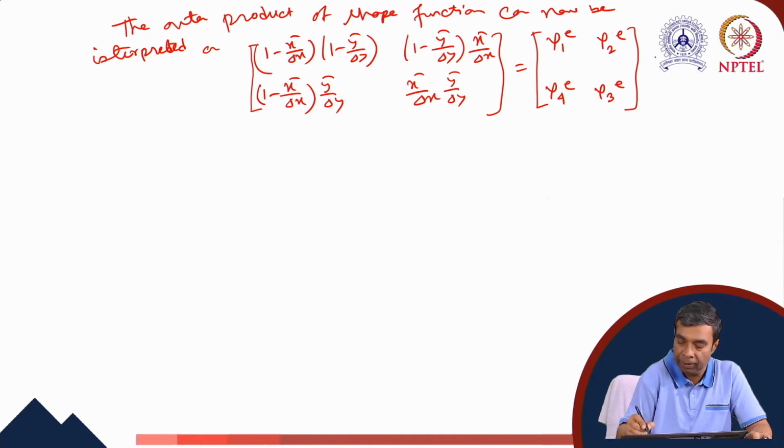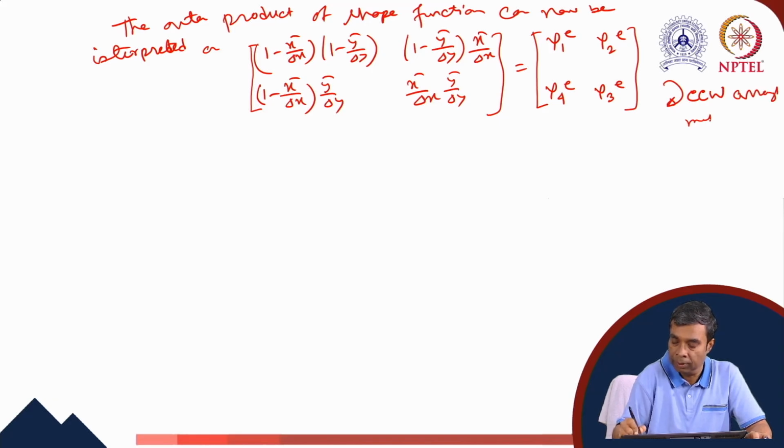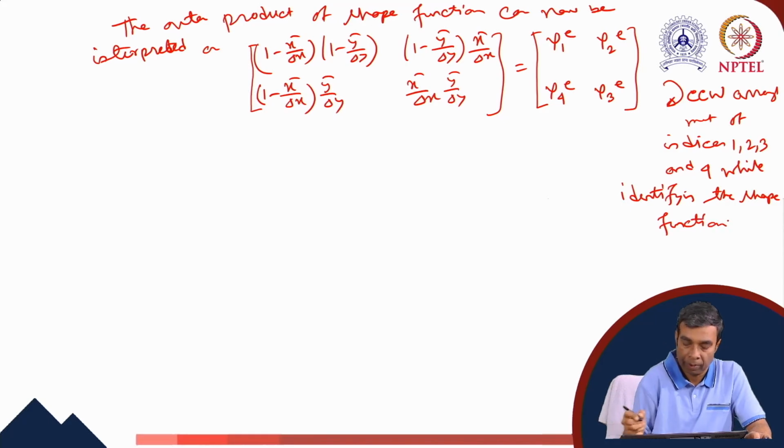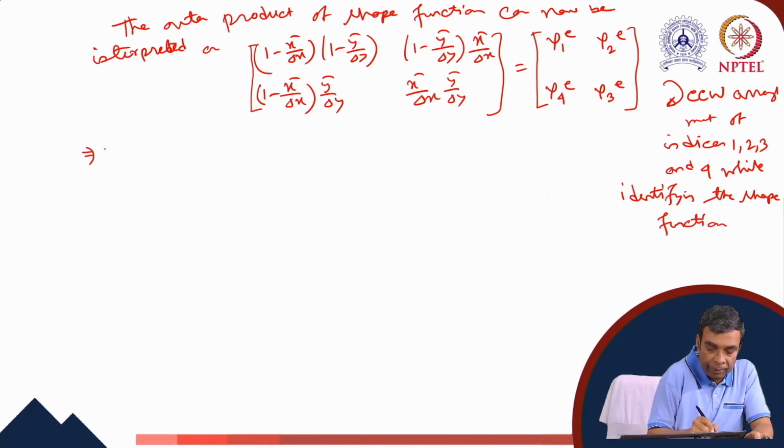So here we can see a clockwise arrangement of indices 1, 2, 3 and 4 while identifying the shape functions.